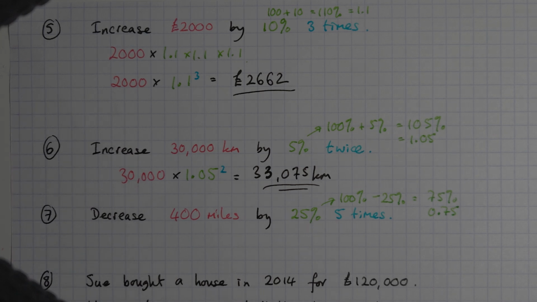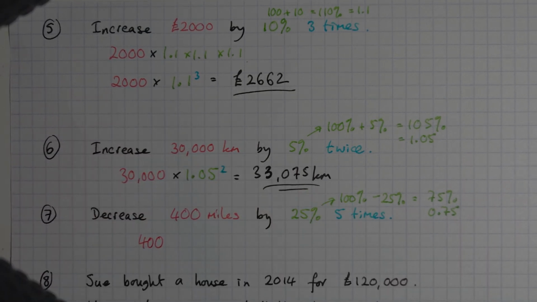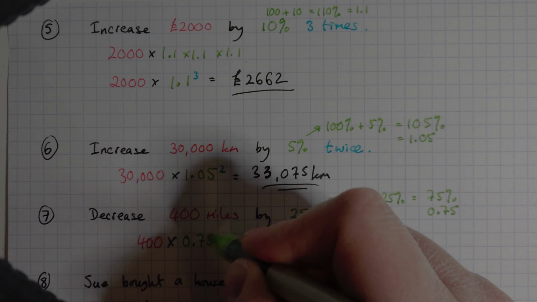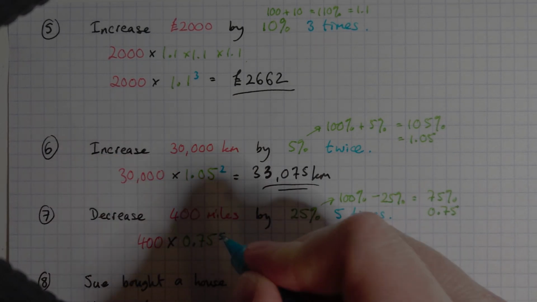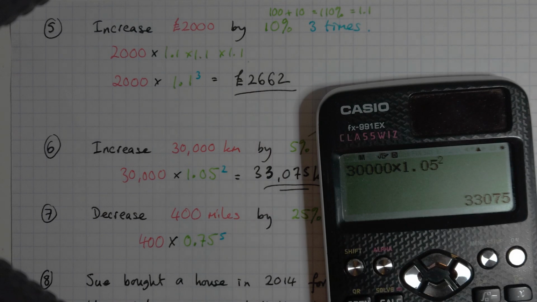So my calculation is 400 miles to begin with, multiplied by, well, if I times it by 0.75 once, that would reduce by 25%. But I want to do the reduction 5 times, not just once. Okay, I'm expecting a slightly more unusual decimal this time. So let's just type it in and see what happens.